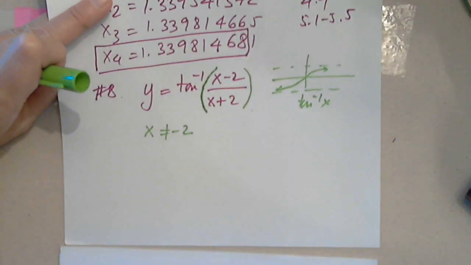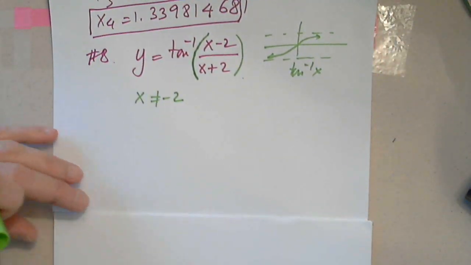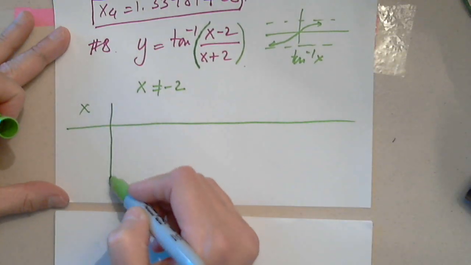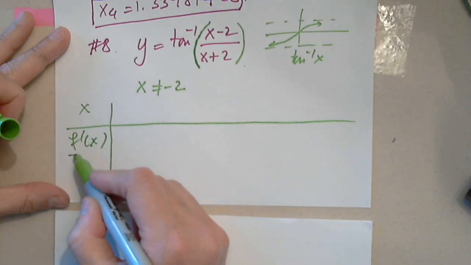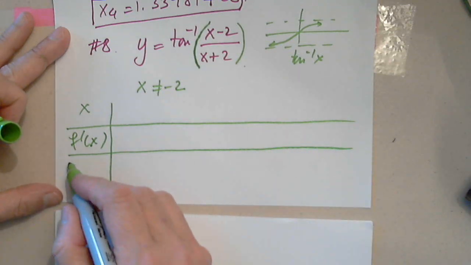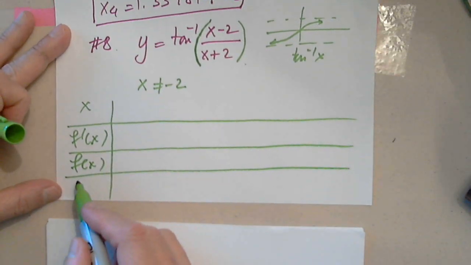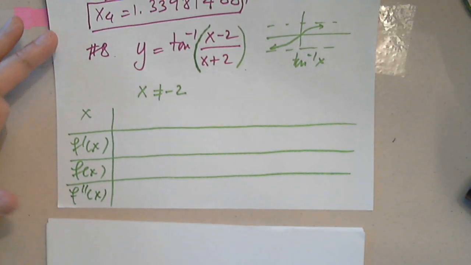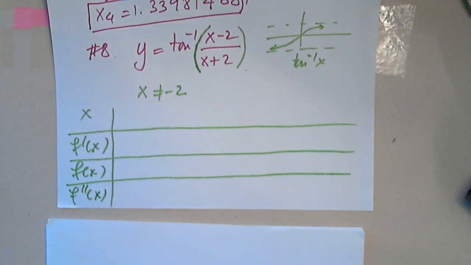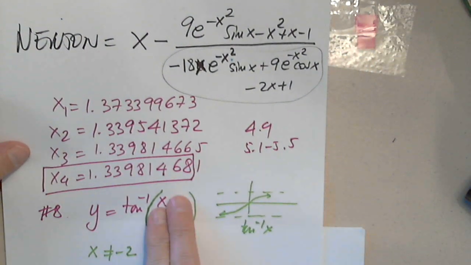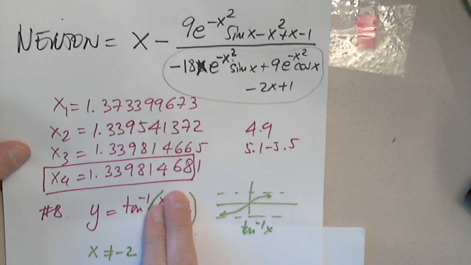So let's get our table going. This function, the inner function, exists for anything except negative 2.